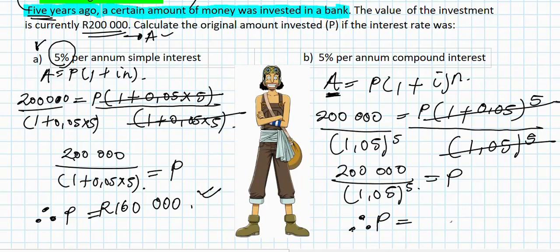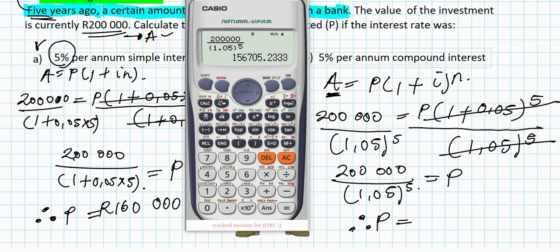My principal amount value is going to be 156,705. 156,705. So 0.23 cents. So let's write that down. Easy.